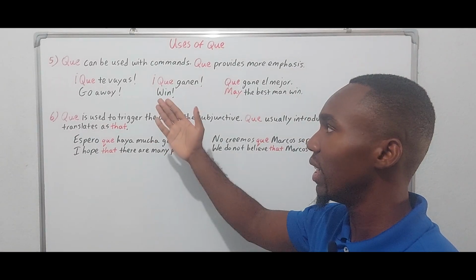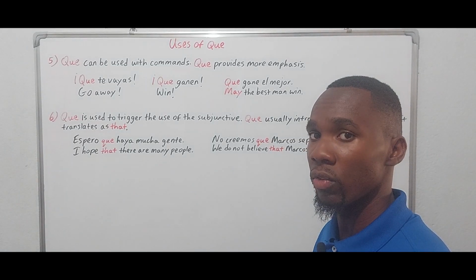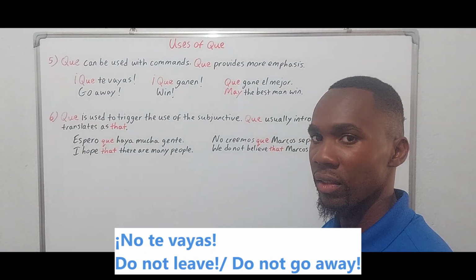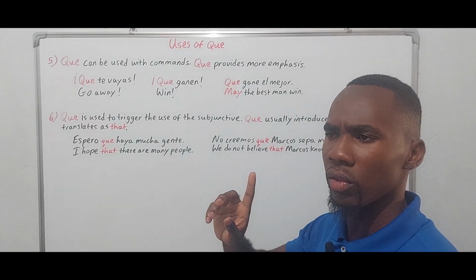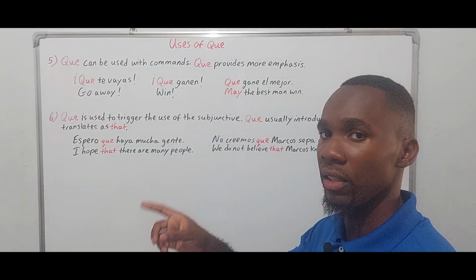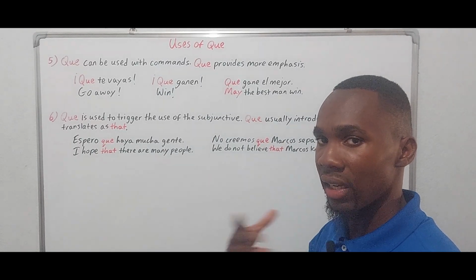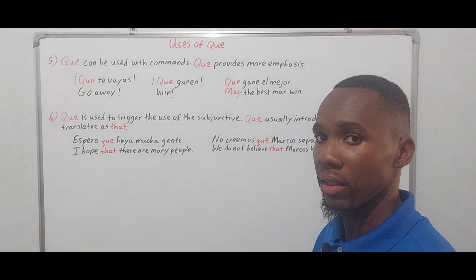But this is actually the negative command for tú. So we would say no te vayas, do not go away, do not leave, right? But if we are telling someone to leave and it's familiar, we say vete, right?